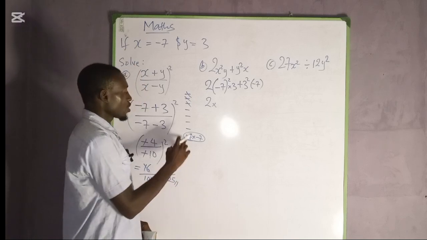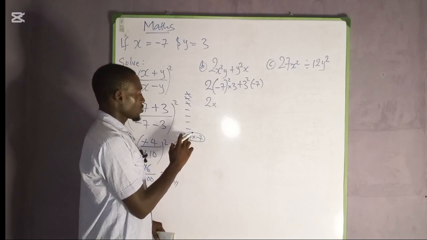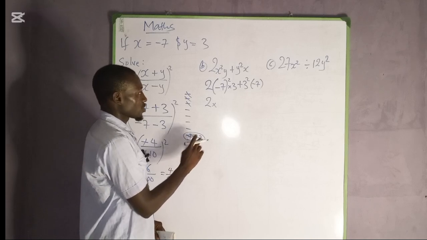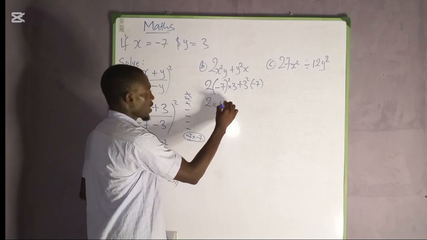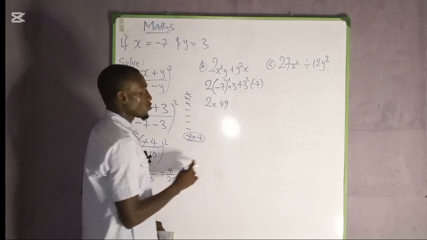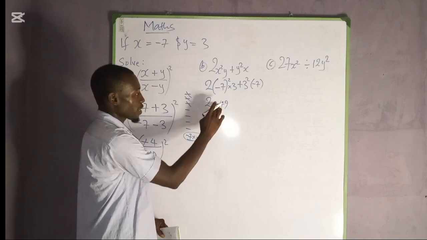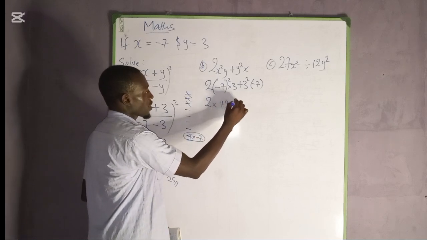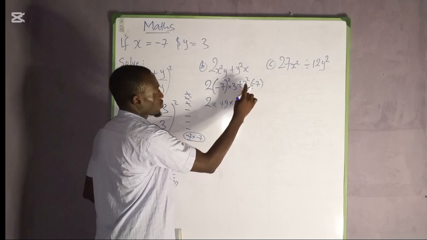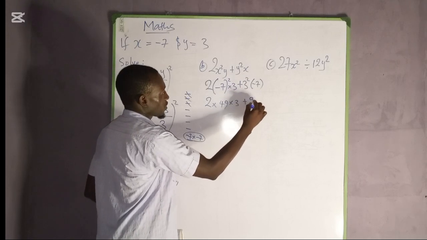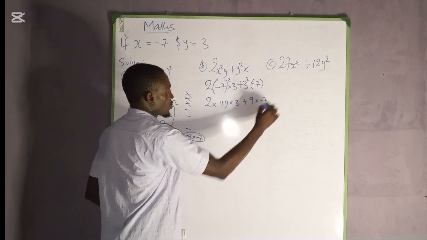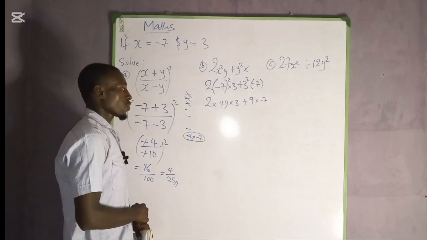All right. So minus times minus will give us plus. 7 times 7 will give us 49. So at this point, we now have 49 here. It's now a positive 49. There is no longer minus here. So times 3 plus 3 squared will give us 9 times minus 7. So this is where we are.